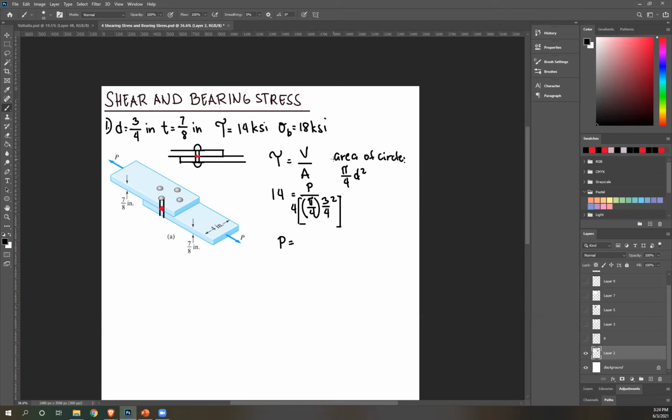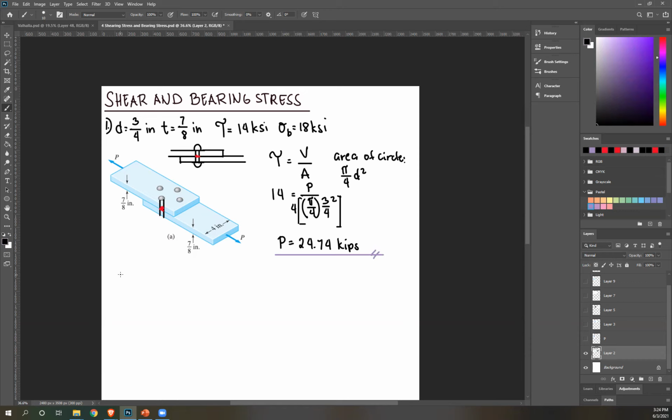And then if I compute for this, we should get 24.74. And then how do we get the unit? This is KSI. So the force of that is kips. Since we didn't convert anything, force is in kips. So that's just one option. This is the maximum load this lap joint can carry if only considering shear.